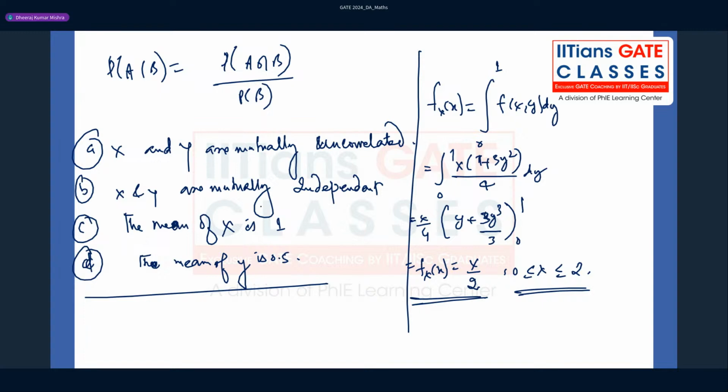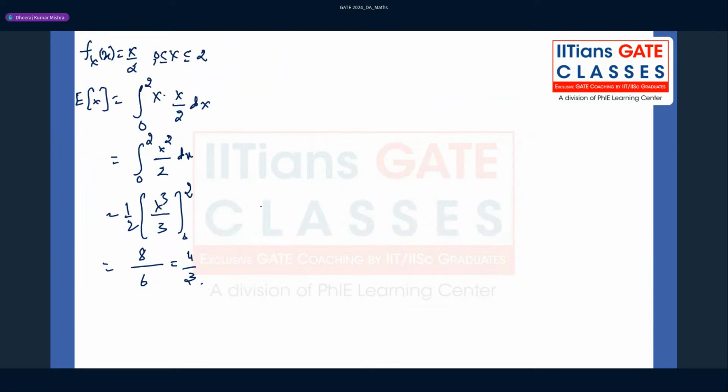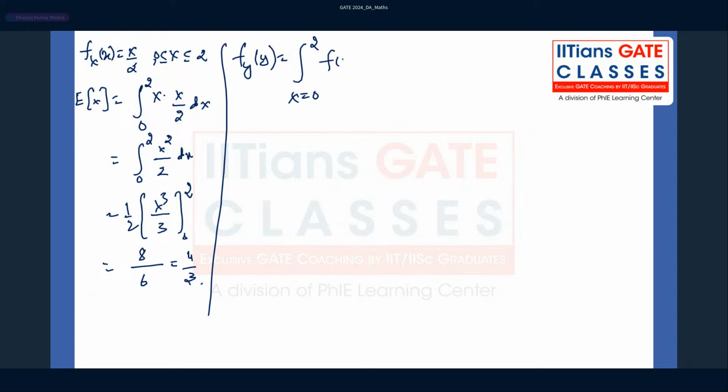Now you also have to find the marginal PDF for y. So what is the marginal PDF for y? f of y is going to be, treating y as a constant now, the integral over x from 0 to 2, with respect to x, of f of x, y, which is given as x times (1 plus 3y square by 4) dx.